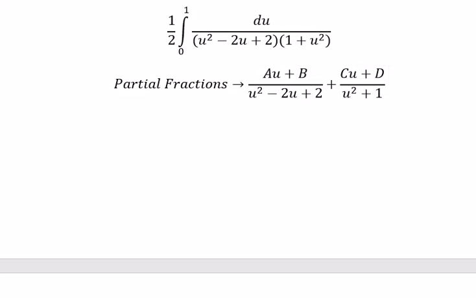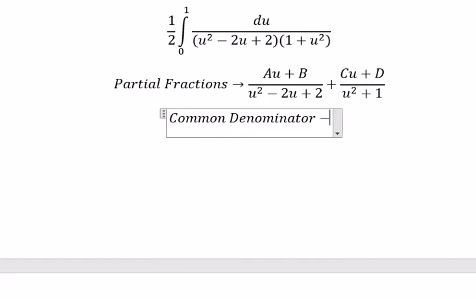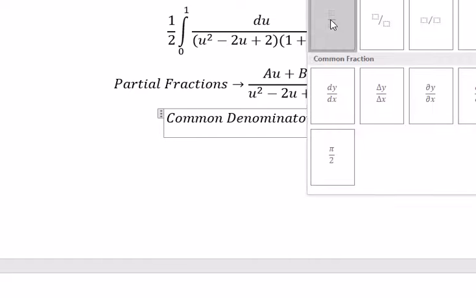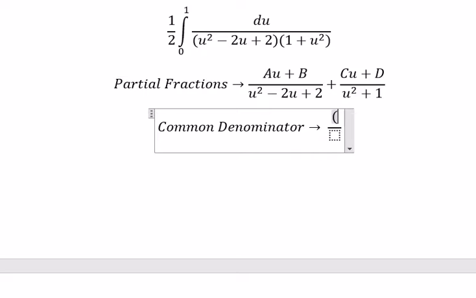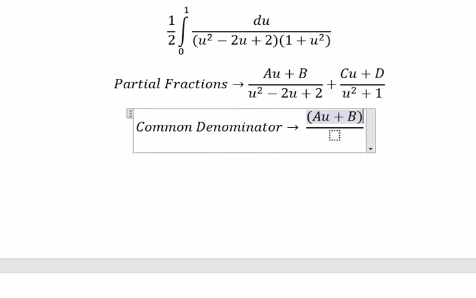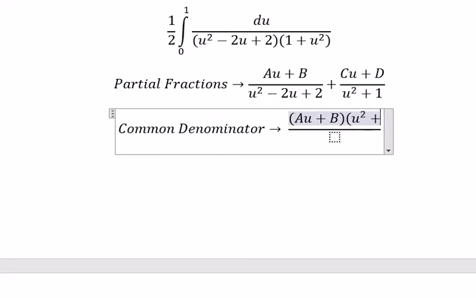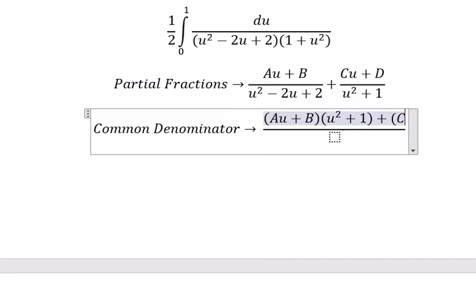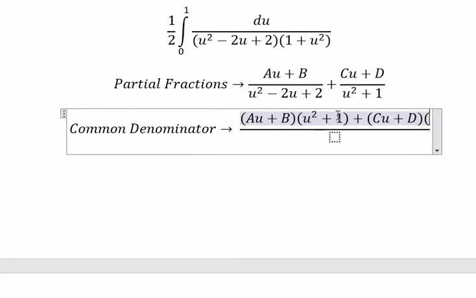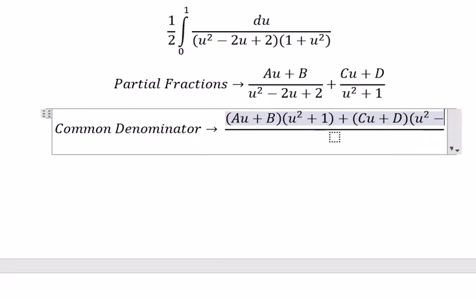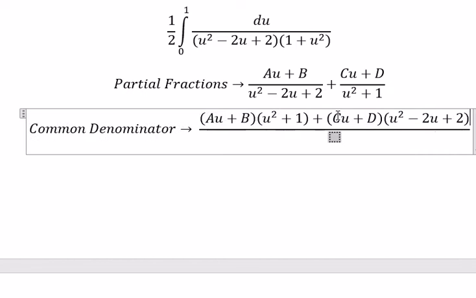Later we do the common denominator. So we get au plus b multiplied with u squared plus 1, and we have cu plus d multiplied with u squared minus 2u plus 2.